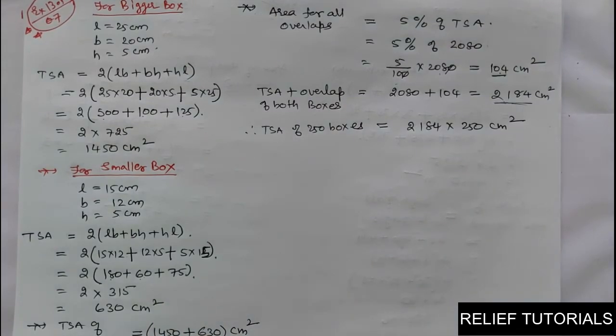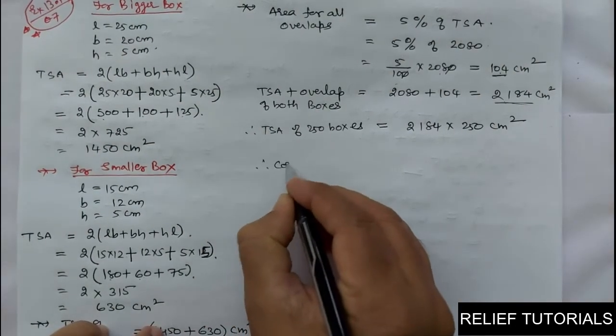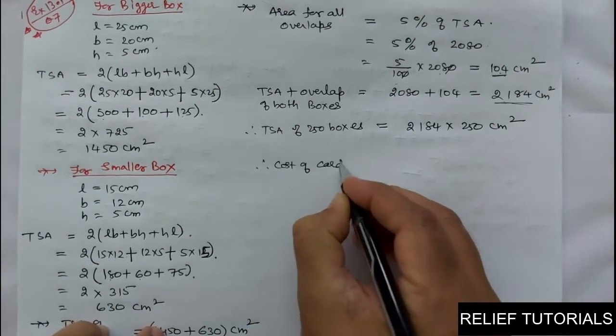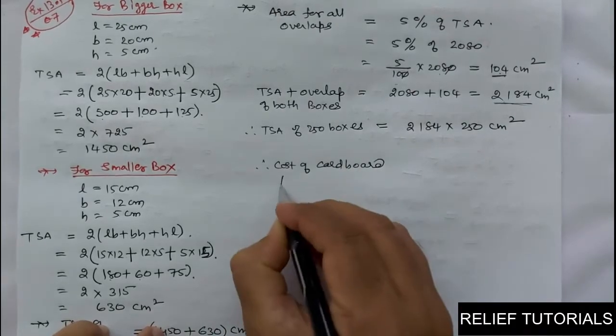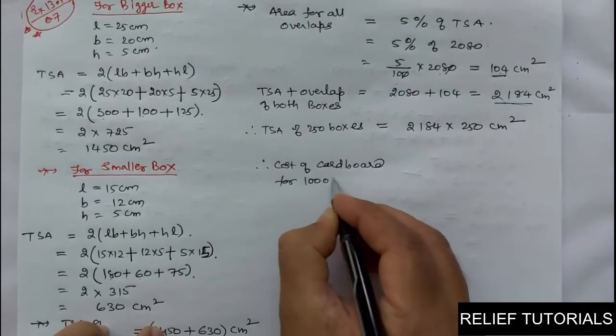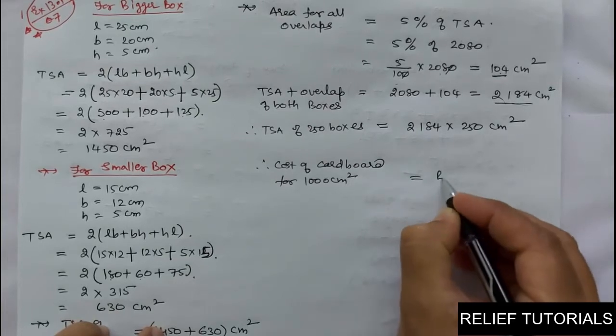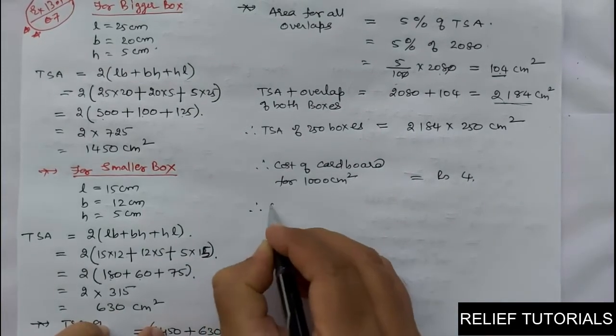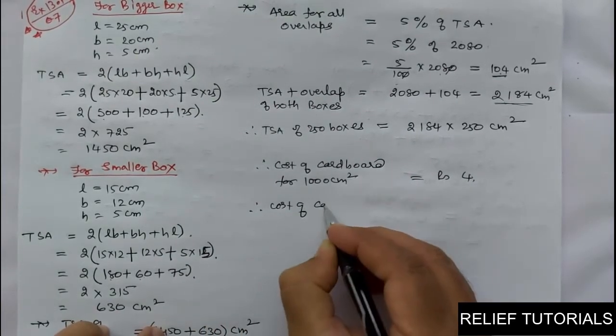And now you know the cost of cardboard is rupees 4 per 1000 centimeter square. So the cost of cardboard for 1000 centimeter square is rupees 4. Therefore we will find the cost of cardboard for 1 centimeter square.